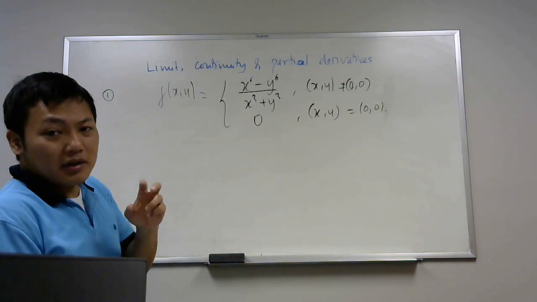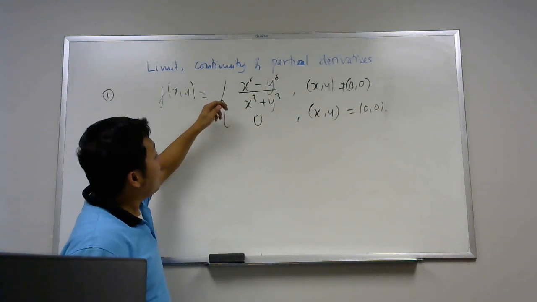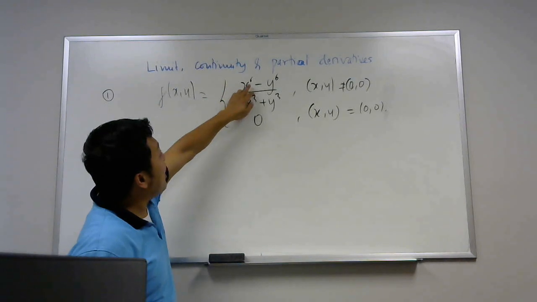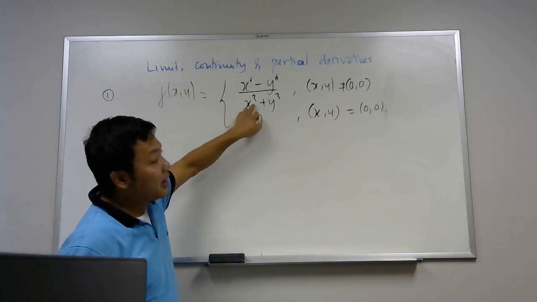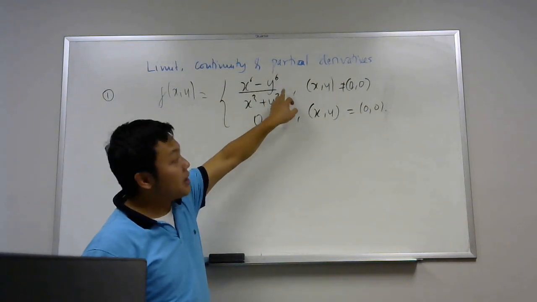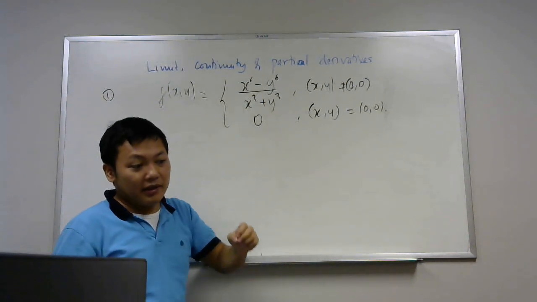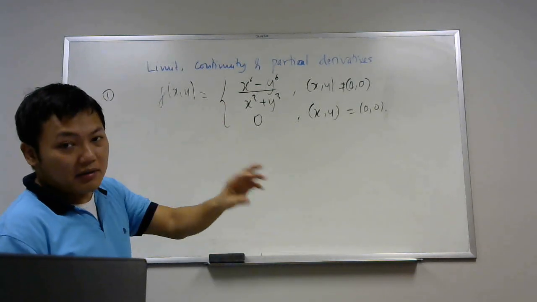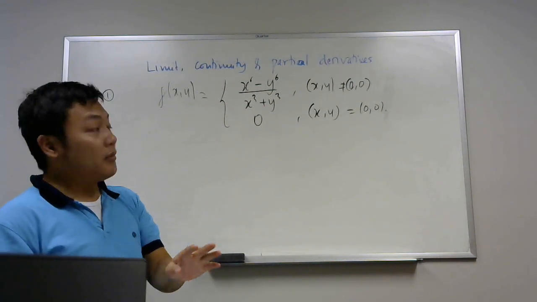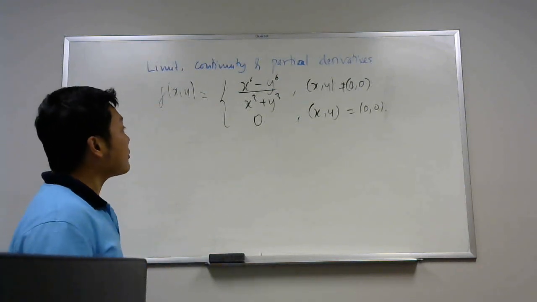It's just a quick guess, because you can see the power of x on the top is 6, and here is 3, and the power of y on the top is 6, and here is 3. So basically, when x and y go to 0, probably this function goes to 0. That's my guess. But we have to verify that.